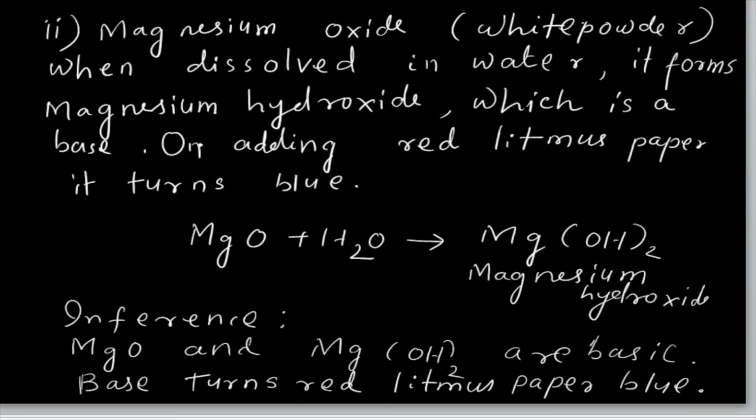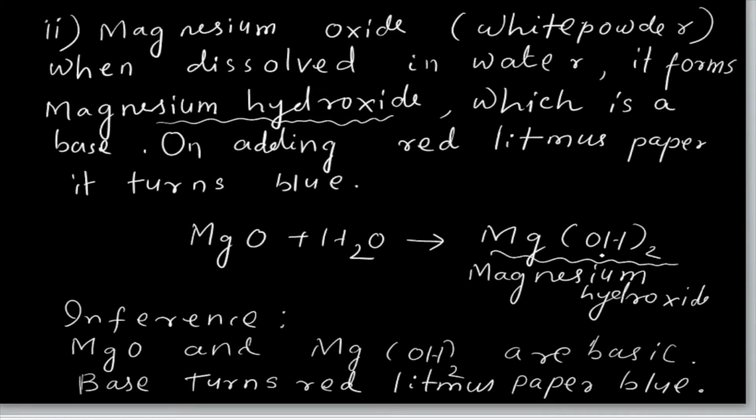If you add water, what happens? What compound is produced? Magnesium hydroxide. This magnesium hydroxide produced is a base. A base is a compound which contains the OH group. So when you add water in a test tube which contains magnesium oxide, the white powder, it produces magnesium hydroxide.